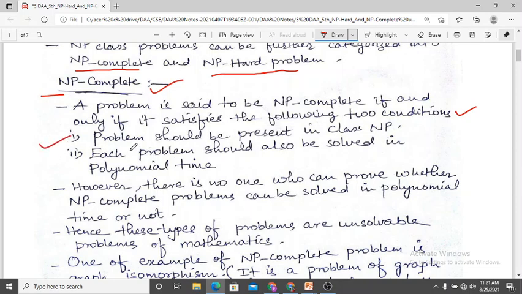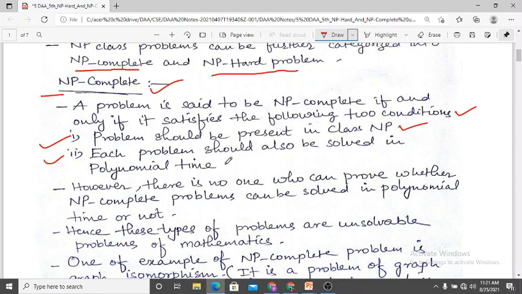Condition number 1: the problem should be present in class NP. So your problem should be available in class NP, non-deterministic polynomial. The second one is that each problem should also be solvable in polynomial time.